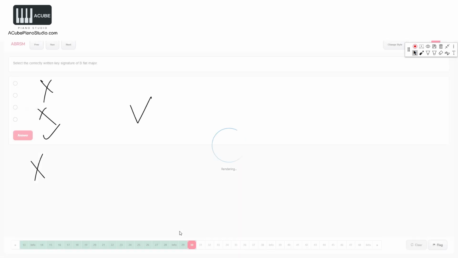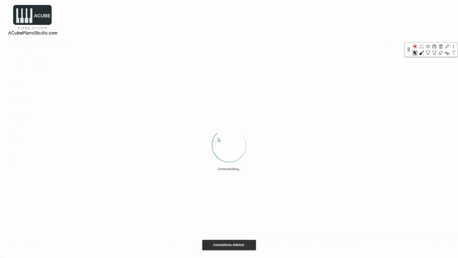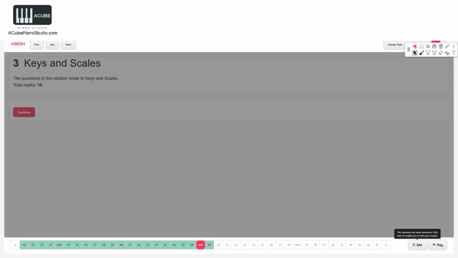In fact, before starting to do these questions when you're at the keys and scales section, I always recommend students to write out the keys and the scales, the key signature chart, so that for the rest of your paper, you can just refer to it.